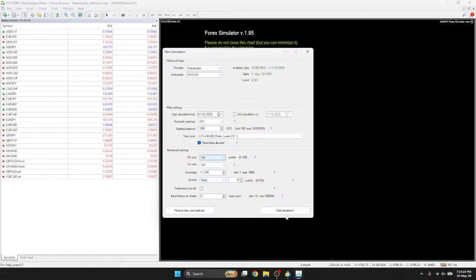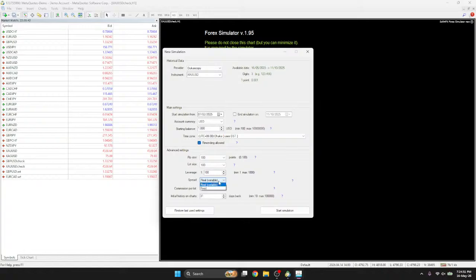So everything is okay, and I'm good with these settings. Lot size 50, no, 100. Okay. Spread fixed. Let's make it real value.